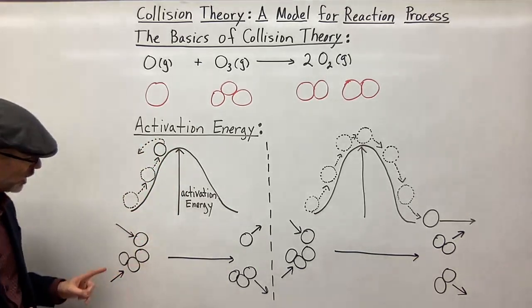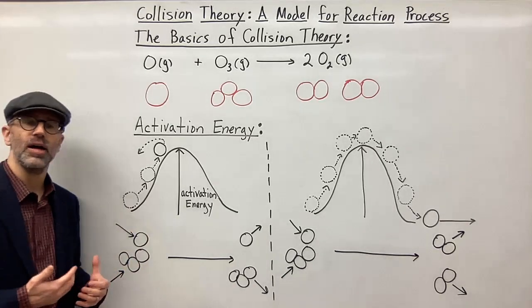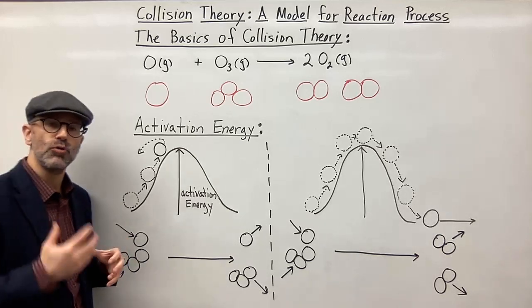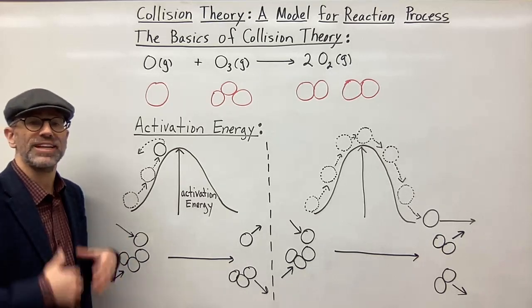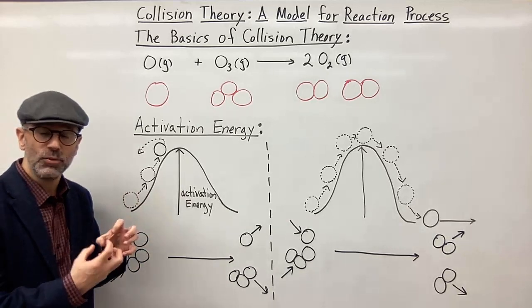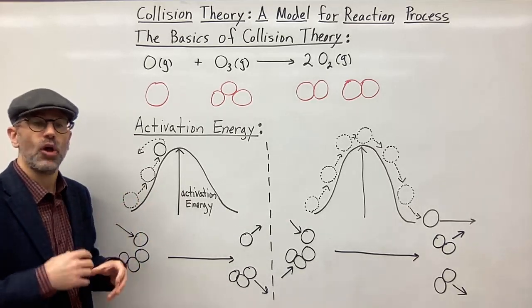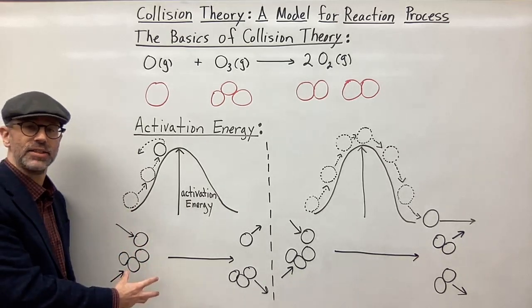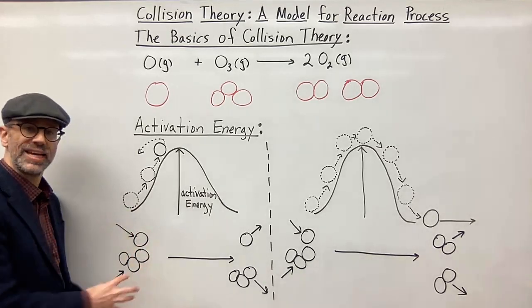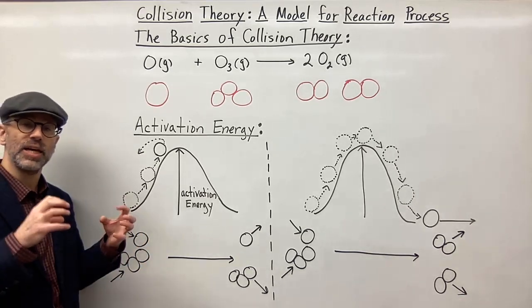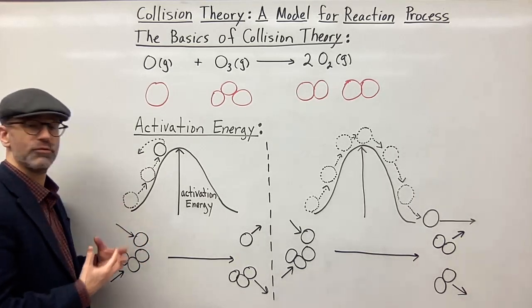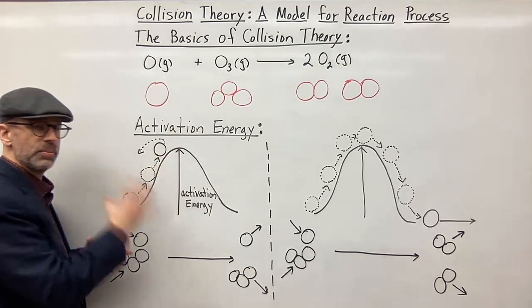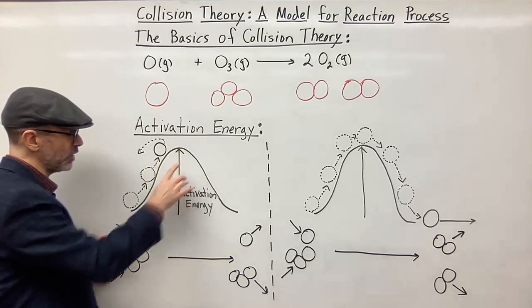So in this case, we're talking about reactants that are moving at a certain speed. They have enough kinetic energy. They collide with a certain force. So the motion of these reactants, the energy that they collide with, has to be enough to overcome the activation energy.